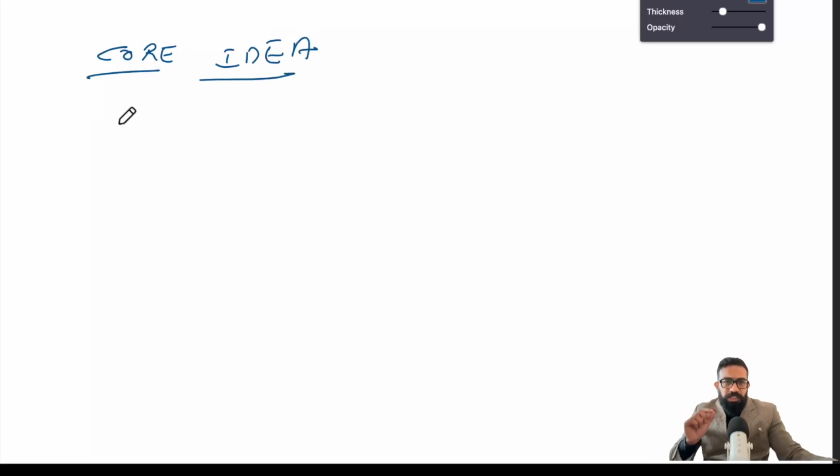Coming to the core idea behind this, the vignette is going to tell you somewhere or other that the child has normal intelligence.